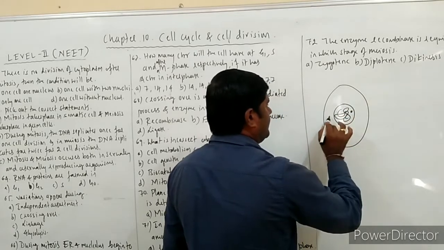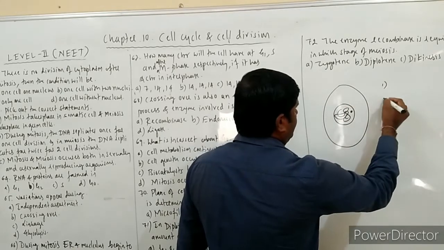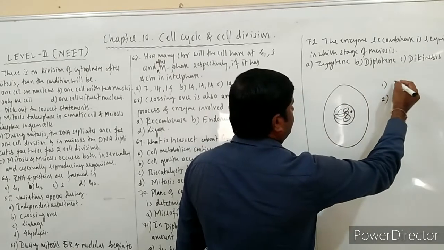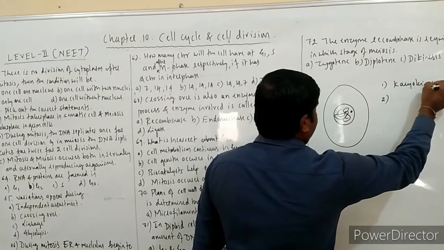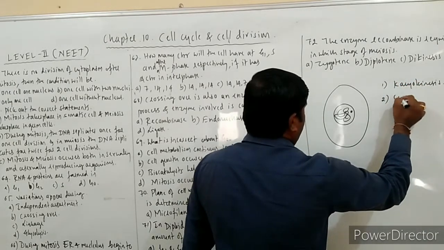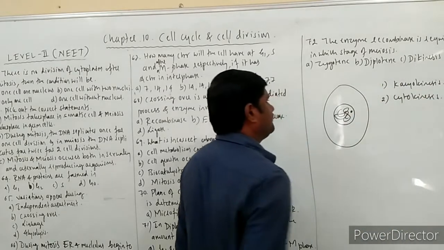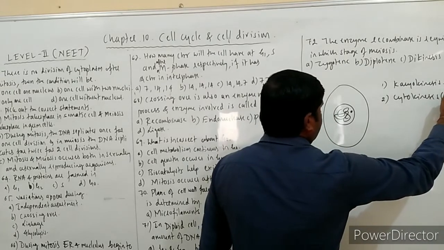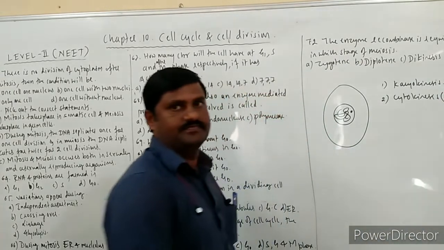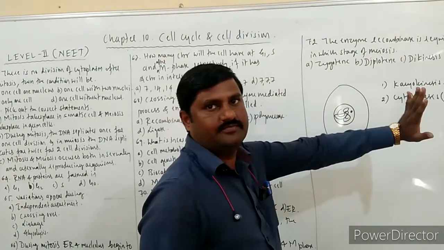During cell division, karyokinesis occurs and cytokinesis occurs. Karyokinesis is nuclear division, cytokinesis is cytoplasmic division. These are the two steps that we have already studied.